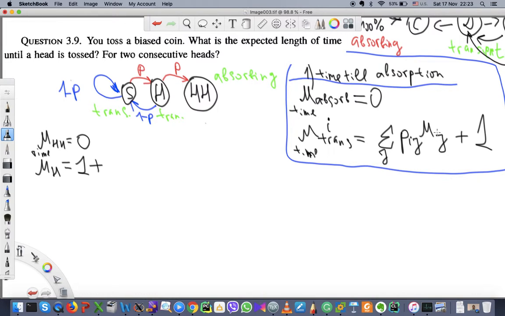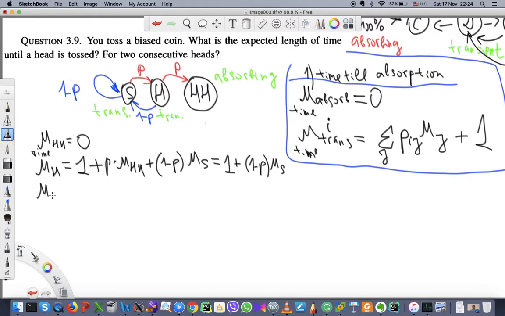A summation over all the states that can be reached from our current state, which is H. Which states can we reach from H? Either S or HH. So with probability P, we can go to mu HH, or with probability 1 minus P, we can go to mu S. But notice mu HH equals 0, so this simplifies to 1 plus (1 minus P) mu S.